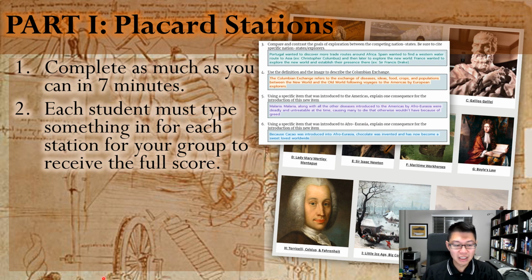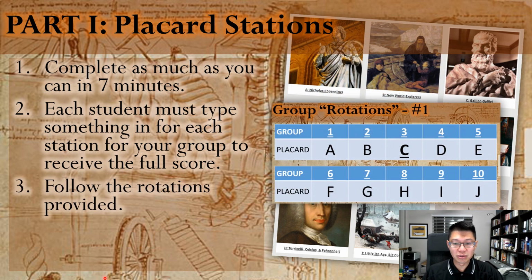Okay. And then finally, there is a set of rotation guidelines, but basically each station is going to move forward. So if you're group 3, you're going to start with letter C, and just to note, placard station C is going to be outside. Okay, so it'll be a desk outside, so please do note that.